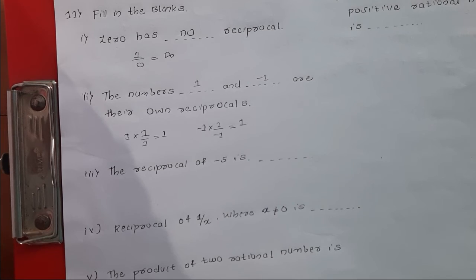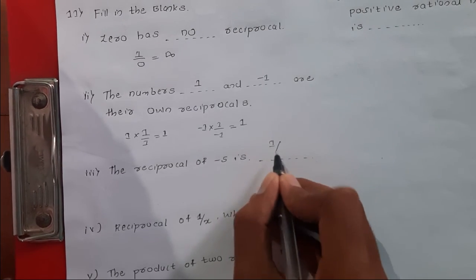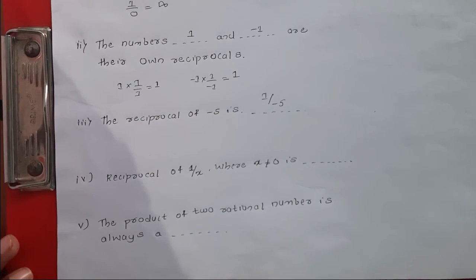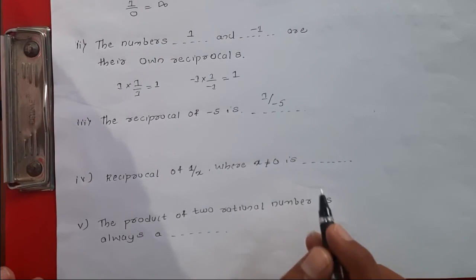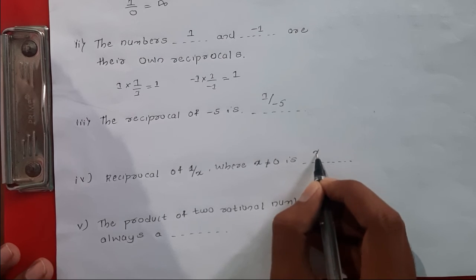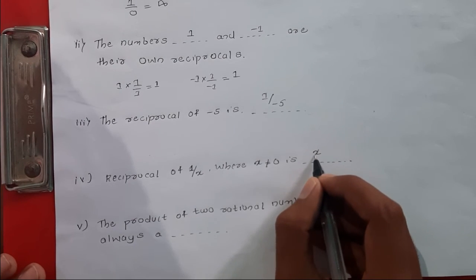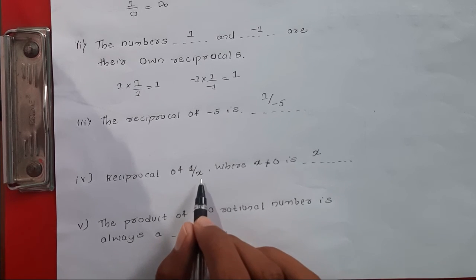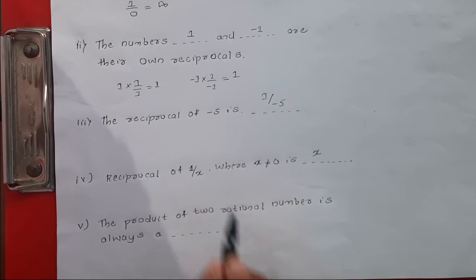The reciprocal of minus 5 is 1 by minus 5. The reciprocal of 1 by x, where x is not equal to 0, is x. Here x is not equal to 0, because if you put x equal to 0, that leads to undefined.